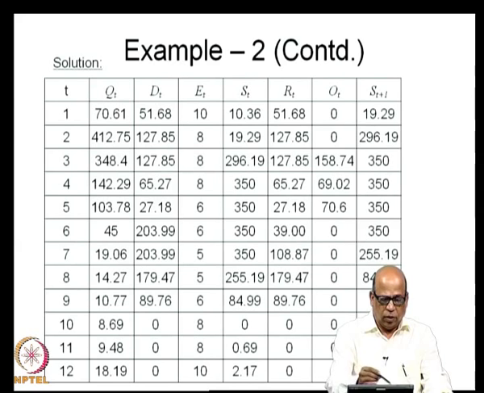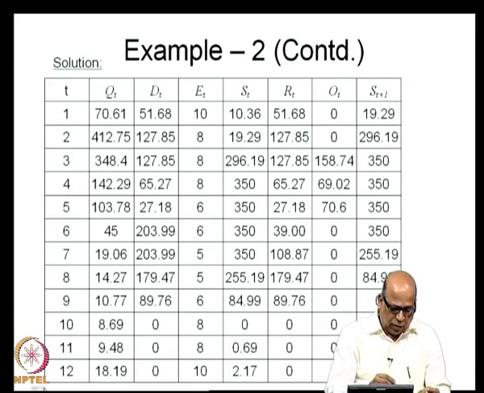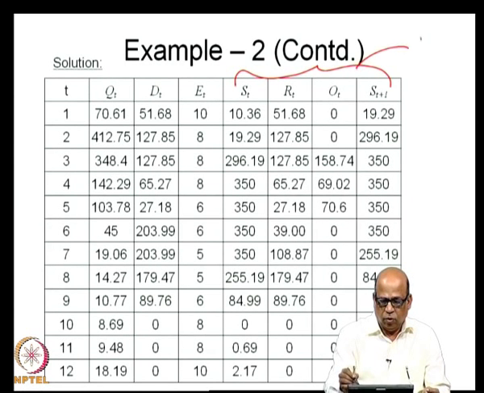We get the solution, this is all data, the solution will consist of ST, RT, OT and of course, ST plus 1. So, this part of the table shown here is the solution from the optimization problem.